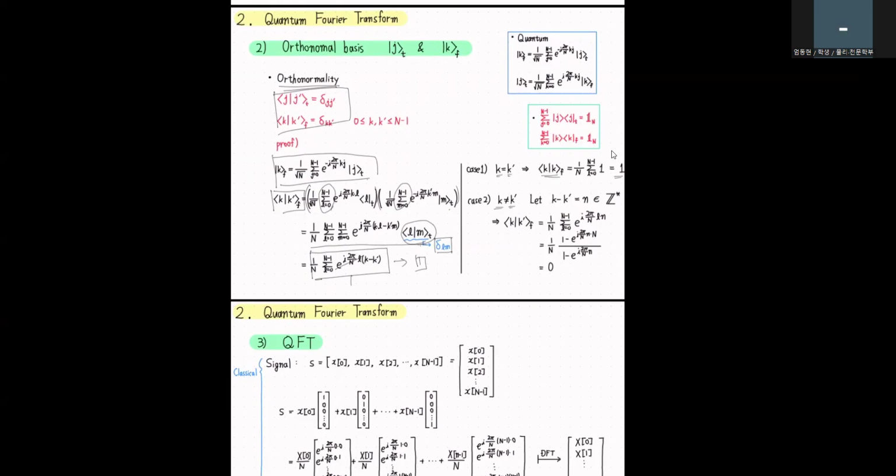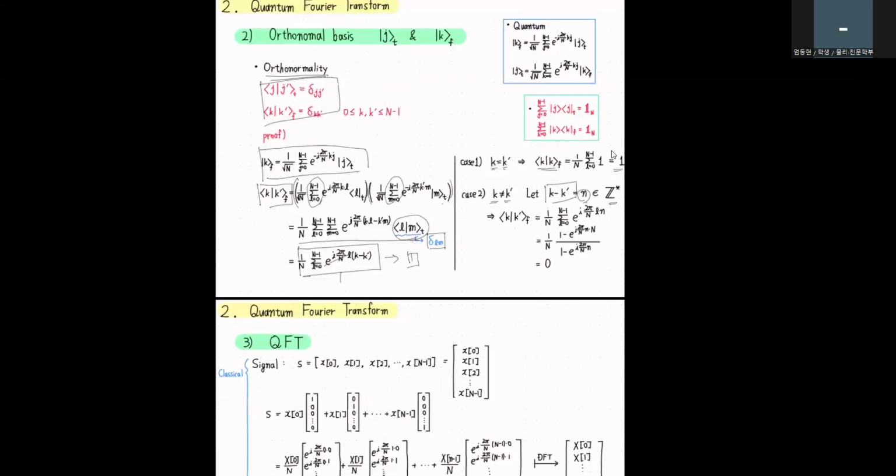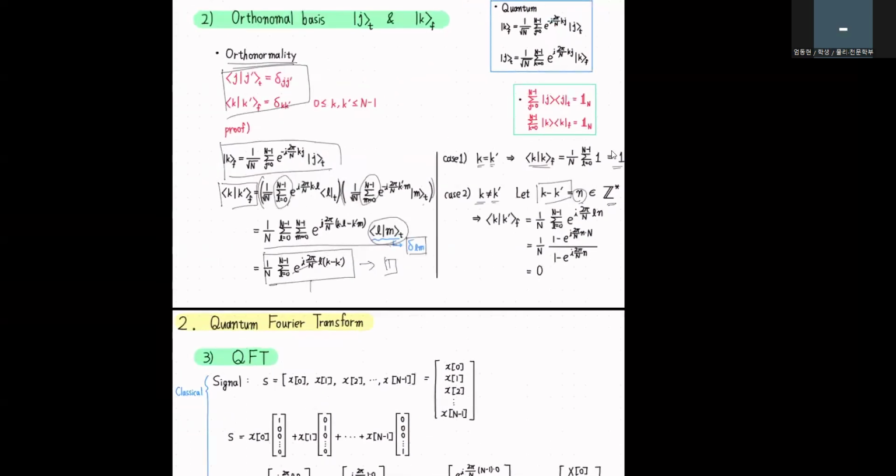If k is not equal to k prime, let's say k minus k prime is n, which is an integer, like so. And then we get this value over here, and then rewriting this using the formula for infinite geometric series, we can get this form over here.